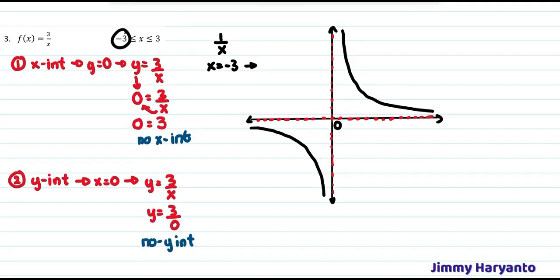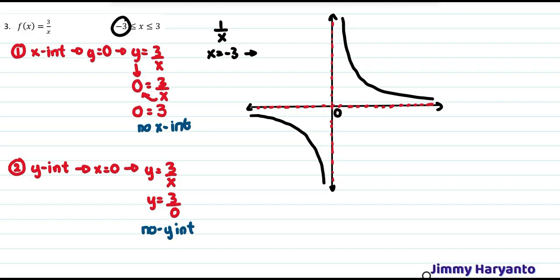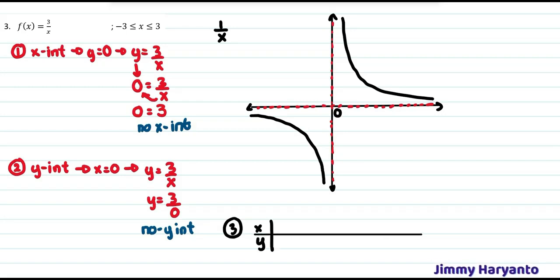Or maybe for this one we can draw it more accurately by creating a table. I will show you how to draw a graph by creating a table. So x and y, just create it like this, x and y, and then the x will vary from -3 until 3.